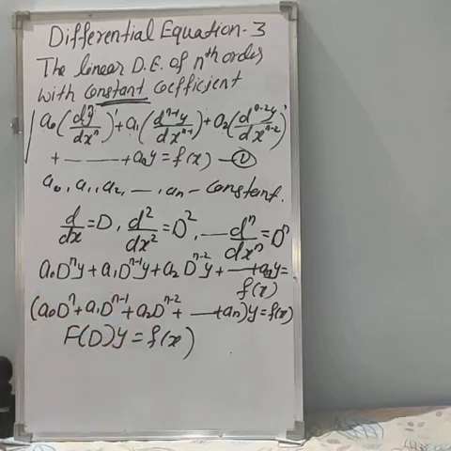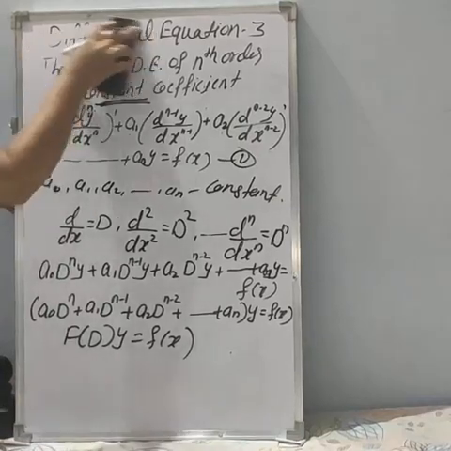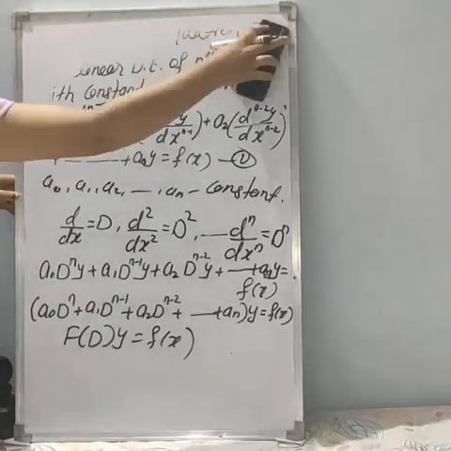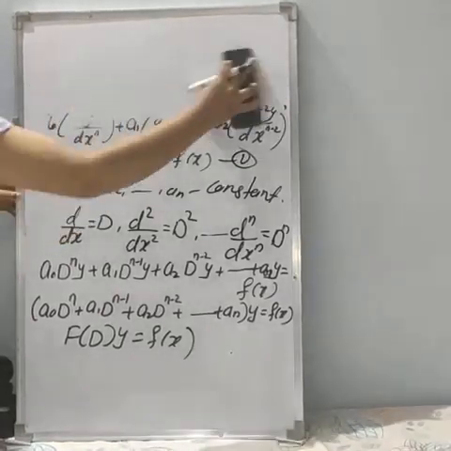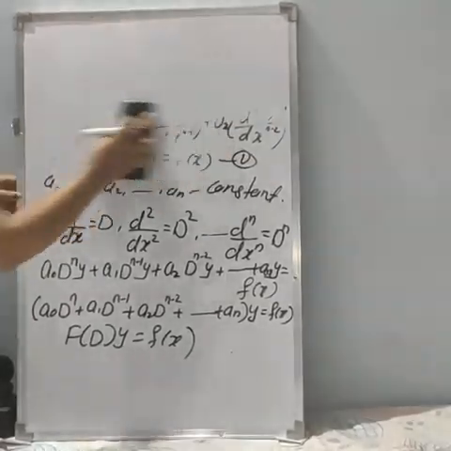Now, next, how to find the solution for this? This is the very important first step: try to make this equation in this form. Then the very important concept is how to find the solution for this differential equation.